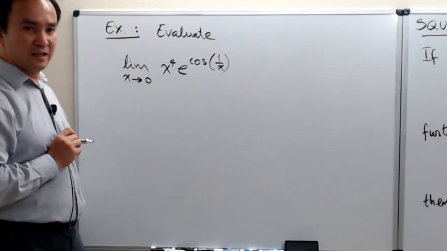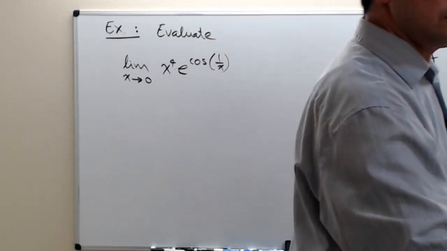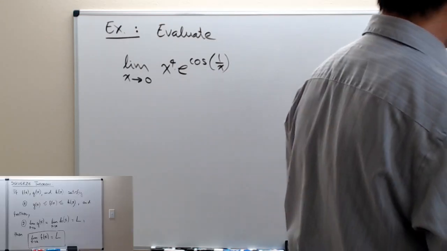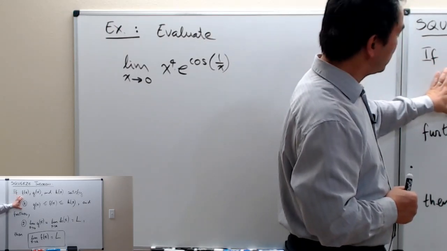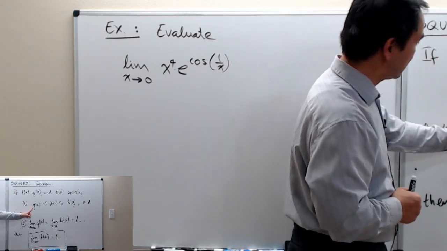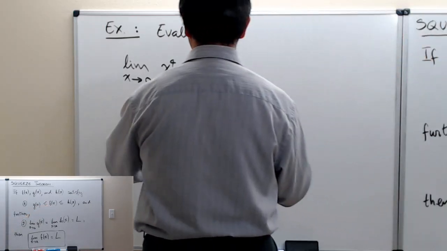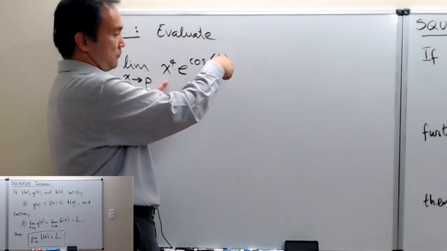All right, so back to the squeeze theorem written on the board earlier. Now I have to say it again: the first responsibility is to be able to recognize. Our target function that we are trying to find is x to the fourth times e to the cosine of 1 over x.